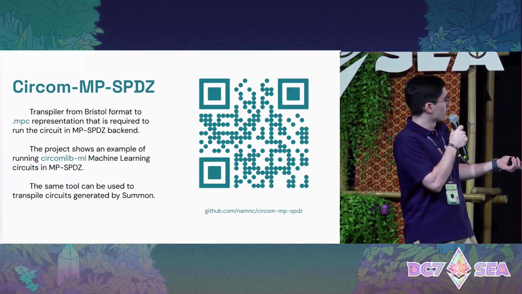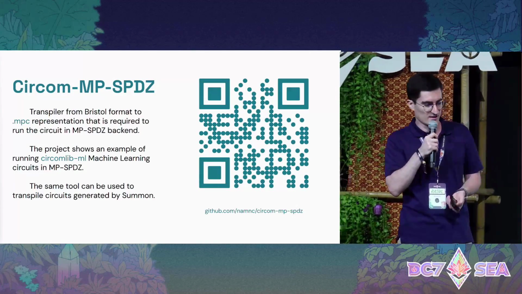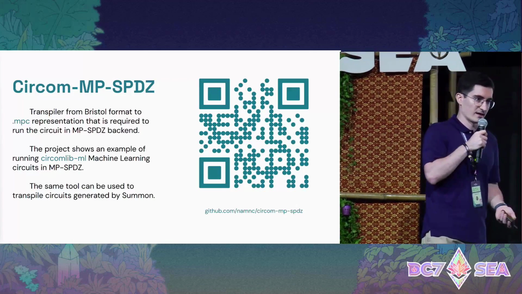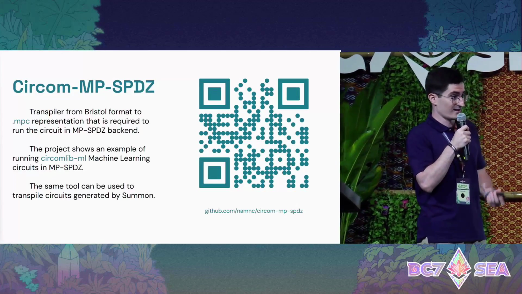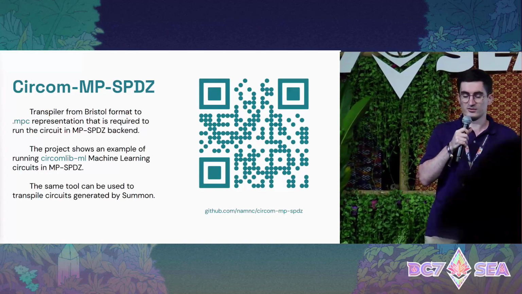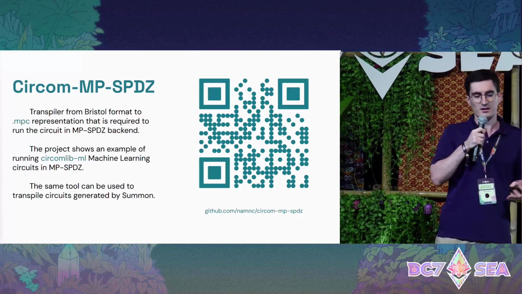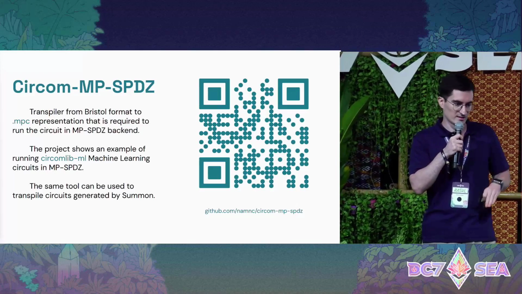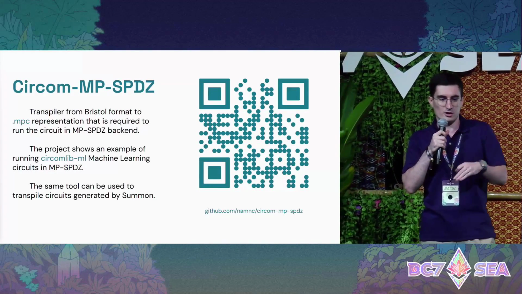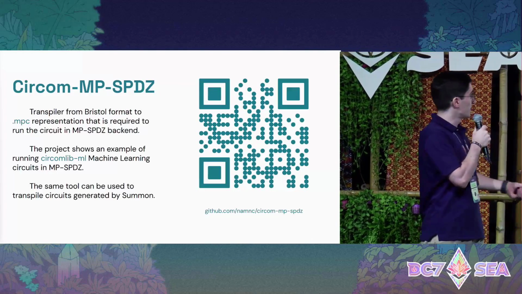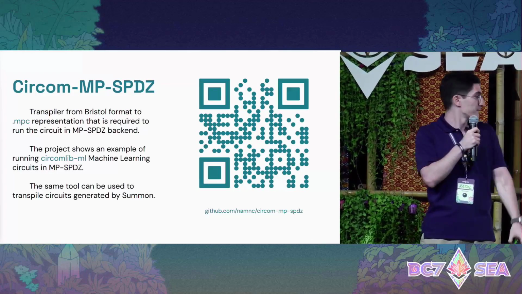And the last tool I want to cover is called Circom-MPSpdz. First of all, MP-SPDZ itself is a big framework that people can use to create MPC apps, but it might be a bit hard for beginners to start with. So what we do, Circom-MPSpdz, is basically a transpiler from the Bristol format generated by the Summon compiler or by Circom-MPC to the .mpc representation that is required to run the circuit in MPC with the MP-SPDZ backend.